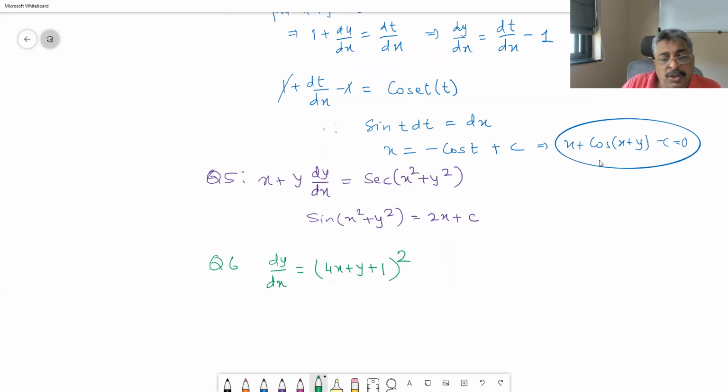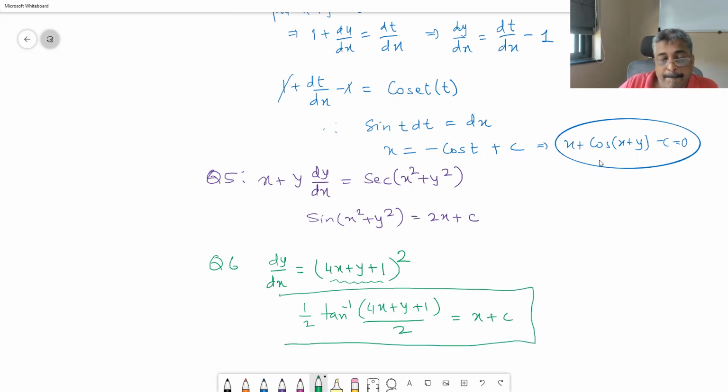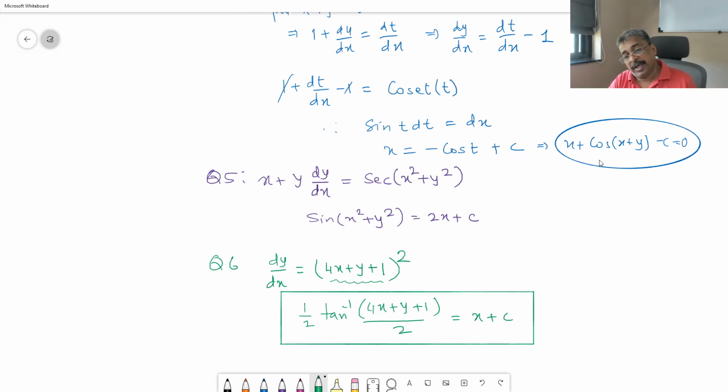Okay, the substitution in this is this bracket, and then immediately you get variable separable. The answer for this is 1 upon 2 tan inverse of 4x plus y plus 1 upon 2 is equal to x plus c.